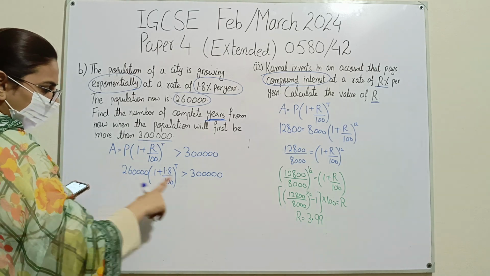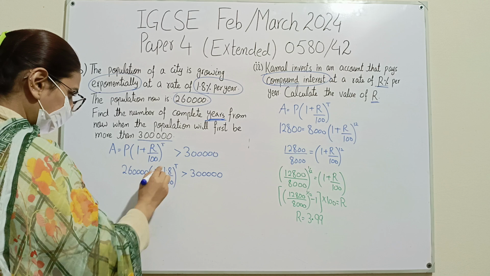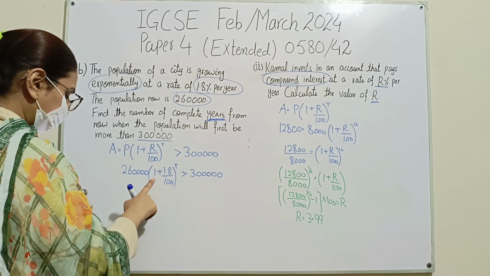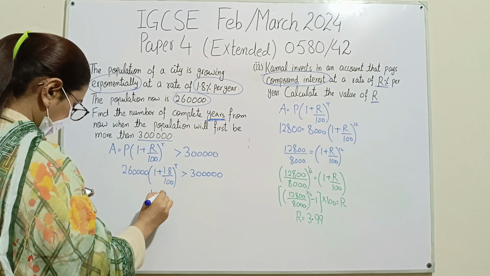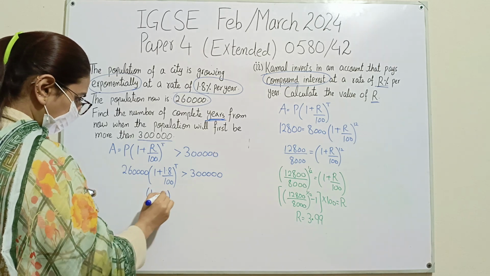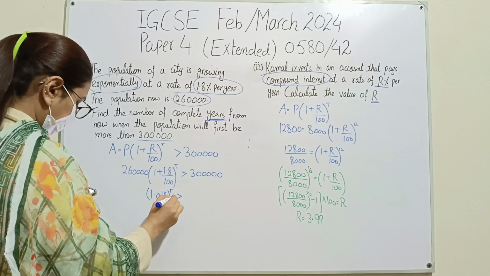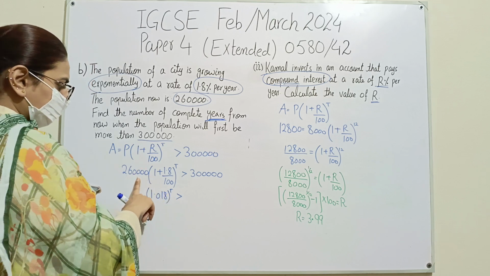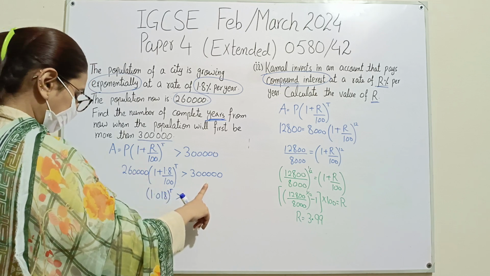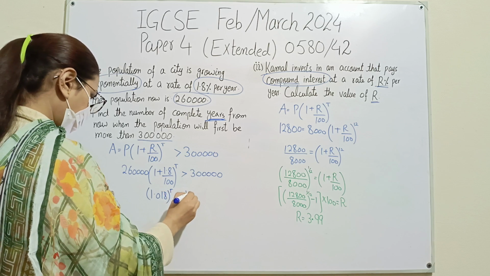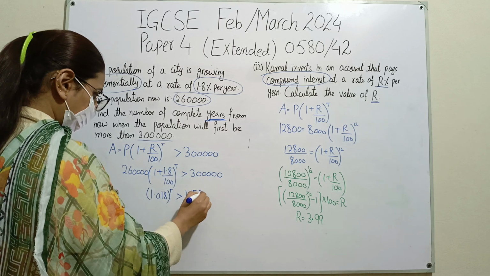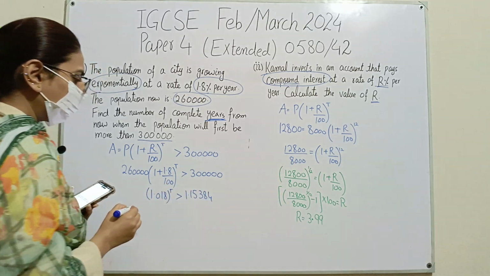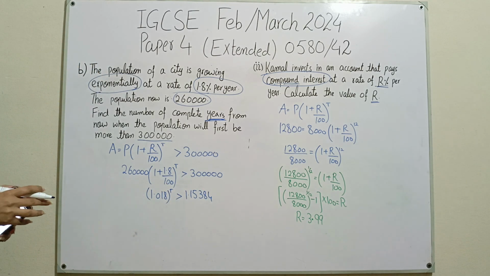Simply divide this value over here and solve them together. After dividing and adding 1, you will have 1.018 power t greater than, divide 26,000 with these 3 lakhs, you will get 1.15384.